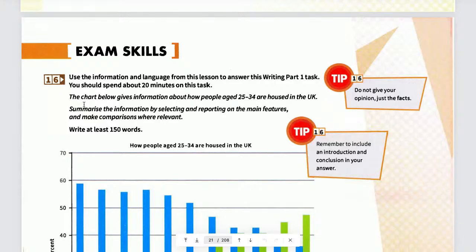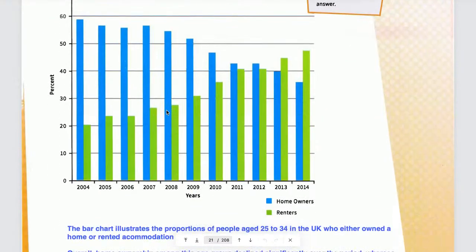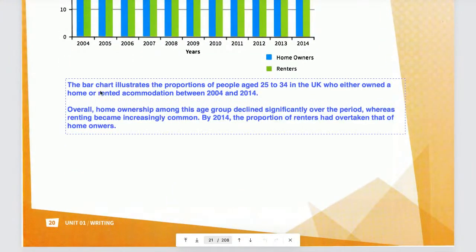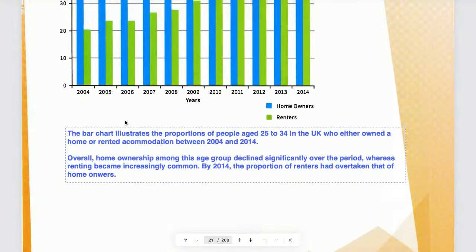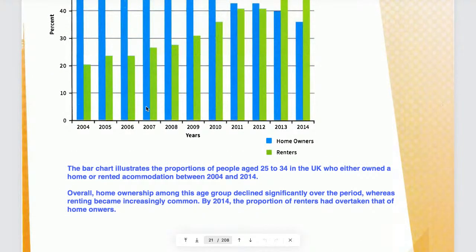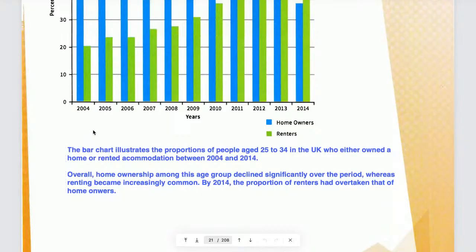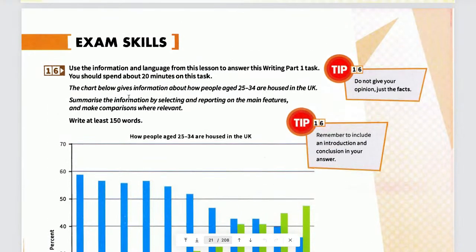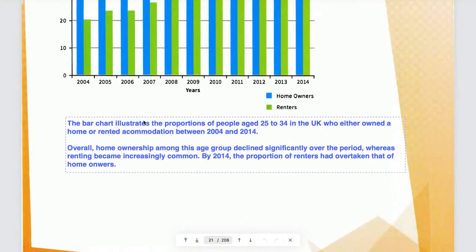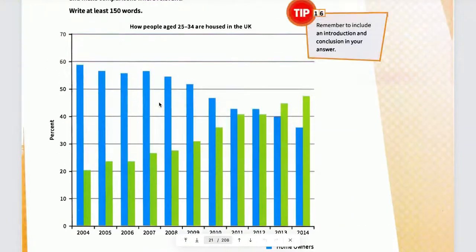For example, here they say the chart below gives information, so we replace that with the bar chart. Instead of saying the chart, we can say the bar chart or the pie chart or the graph. It really depends on the chart you have. In this case, you have a bar chart, so you write the bar chart. And instead of using gives information again, you can replace that with illustrates, okay?